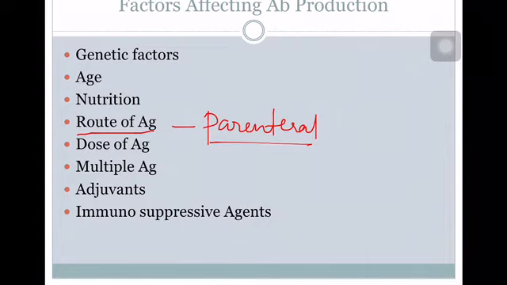So, the humoral immune response is better for parenteral administration of antigens than the oral and nasal routes. Large particulate antigens are more effective when they are injected into the tissues. For production of IgA, the oral and nasal route is suitable.